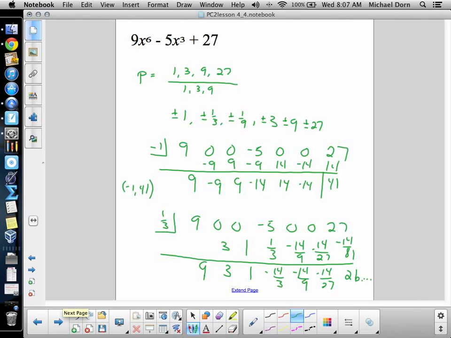Okay? So not a 0, but I now know another point, 1/3, 26. So I know between negative 1, 1/3, it seems to be decreasing. And we can start plotting points and getting ideas about functions. That one wasn't going to come out nice.